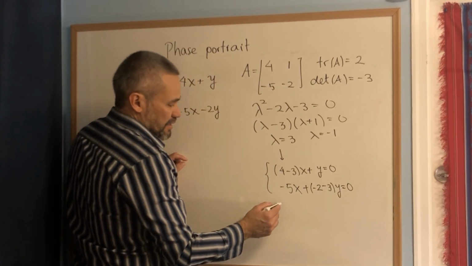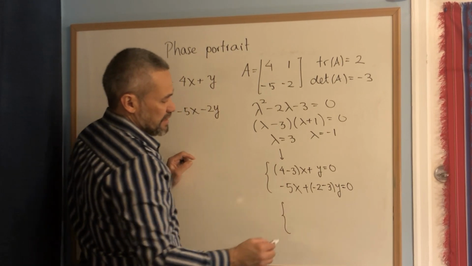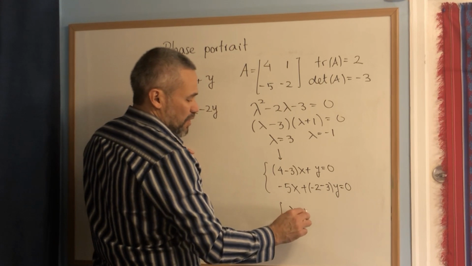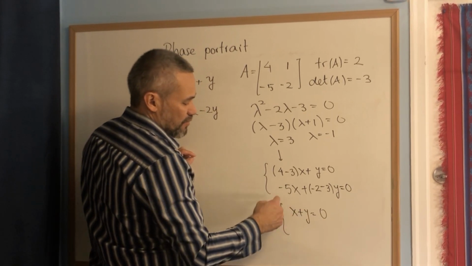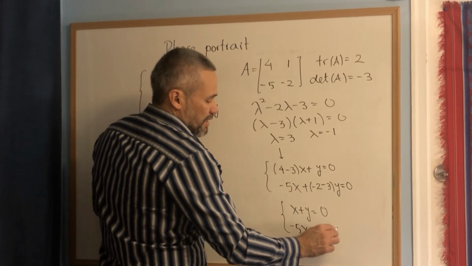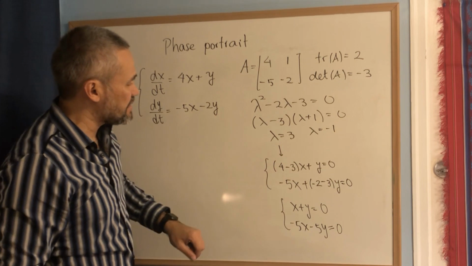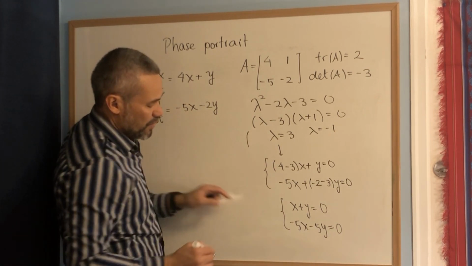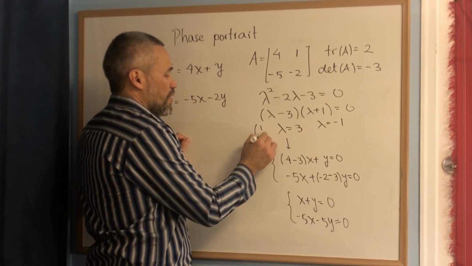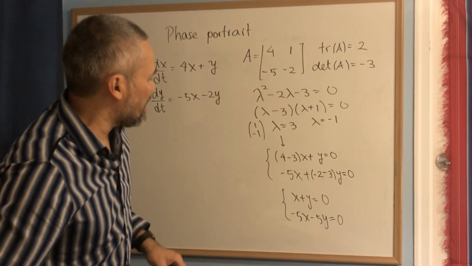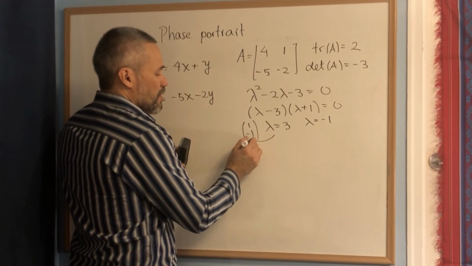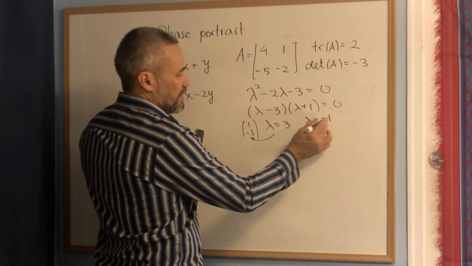If everything is okay, these two equations are supposed to be essentially the same. 4 minus 3 is 1, so x plus y equals 0, and here we have negative 5x minus 5y equals 0. We check, they are essentially the same. One solution: we can pick x equal to 1 and y negative 1. That means that we have one eigenvector, 1, negative 1.